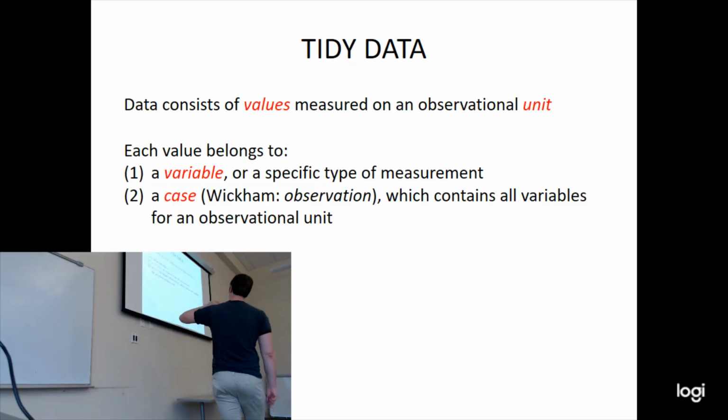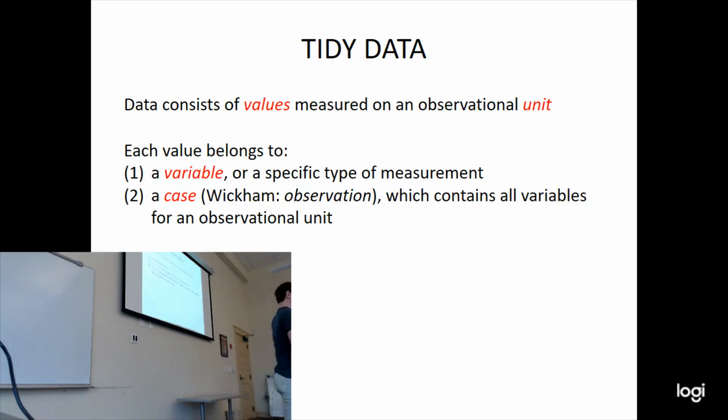Another part of structure in data is this idea of a variable. A variable you can think of as a class of measurements. If you have people take a survey, one of those sets of survey responses would be a variable. If you're doing a reaction time task, the reaction time could be one of your variables.